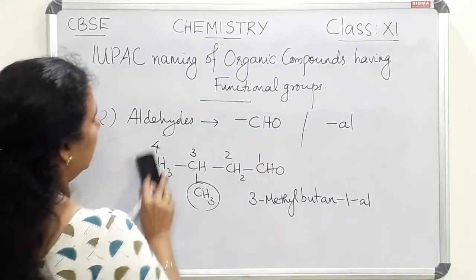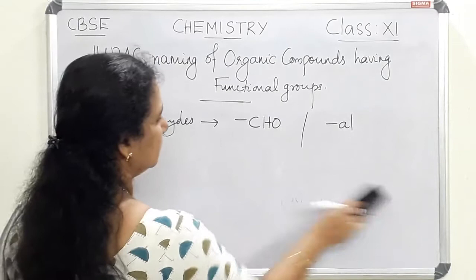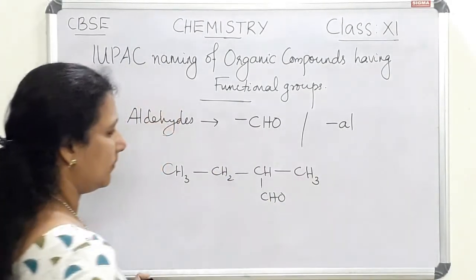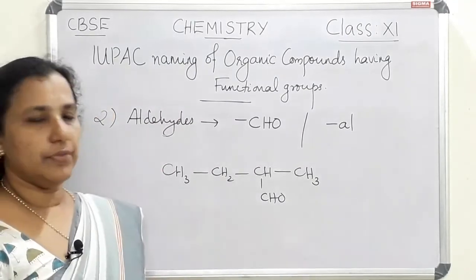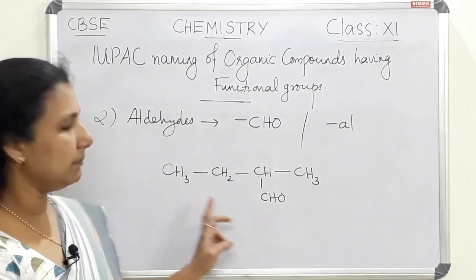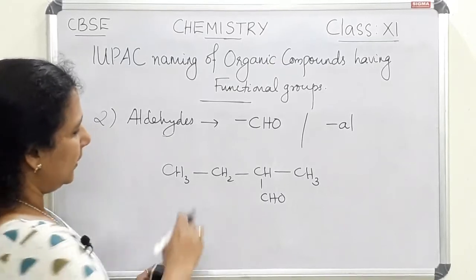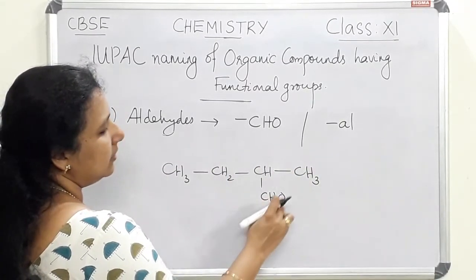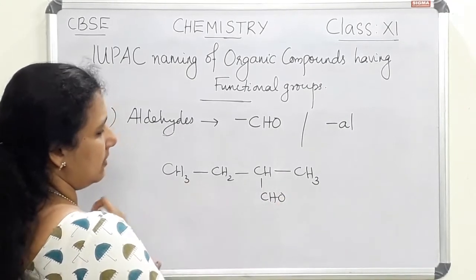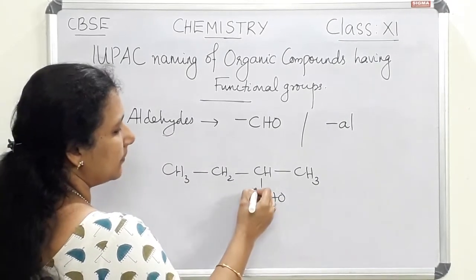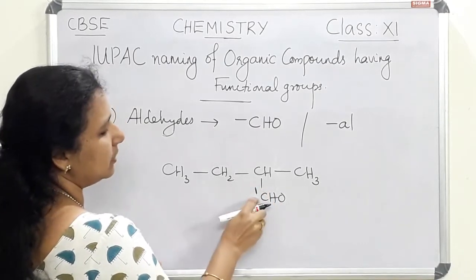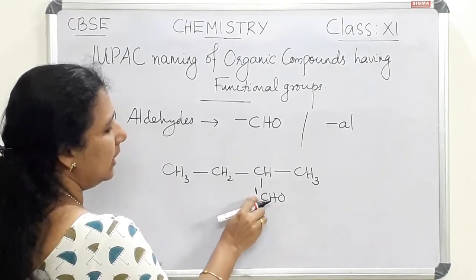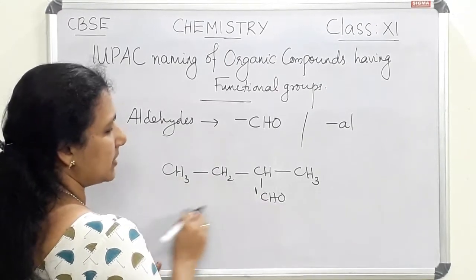Now we can write one more compound. Here first of all we have to select the parent chain that must contain the functional group. If we are numbering the linear chain, we cannot get the functional group in the parent chain. So we have to start from the functional group itself. That is the first number. So we have to give number 1 to the functional group.